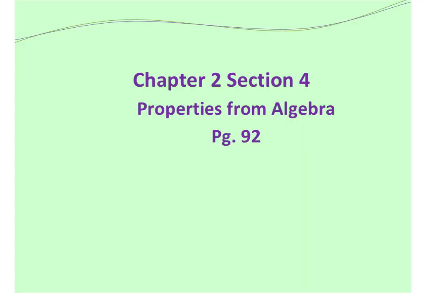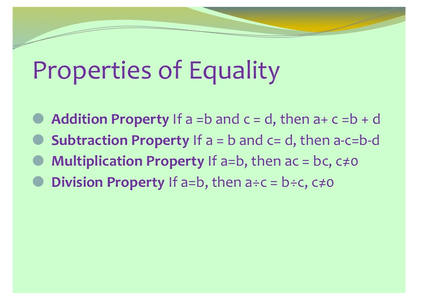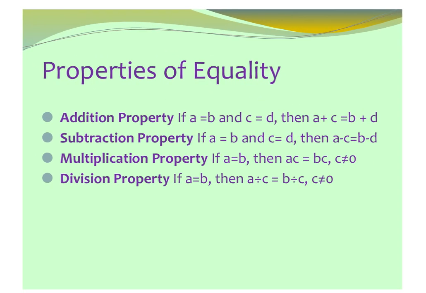Doing chapter 2, section 4, properties of algebra. Okay, so today should be a bit of a review, that we're going over the properties of equality, okay? And you guys may not remember these specifically, but you're going to remember the gist of it.